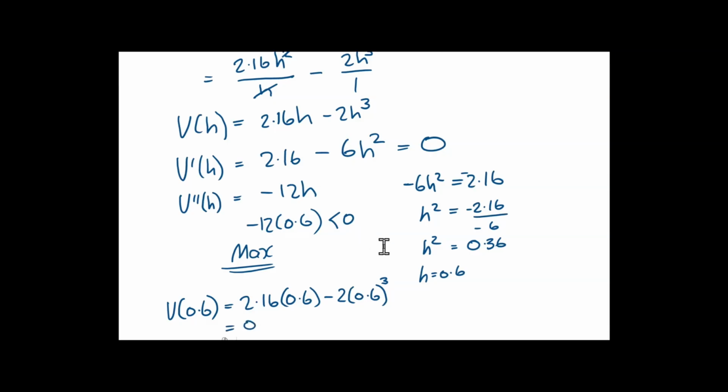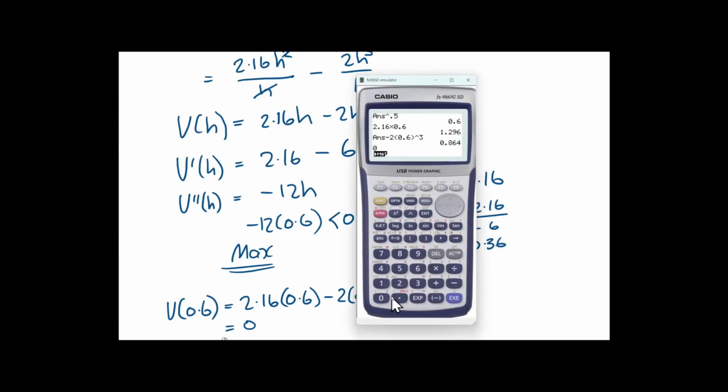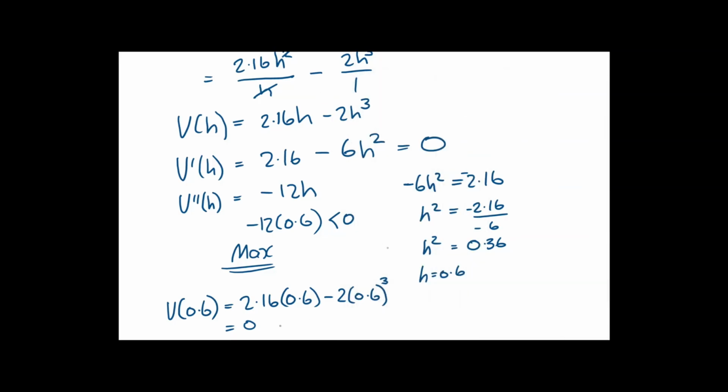So, right, that can't be right here. So 0.6 to the power of 3 is that, times 2 is that, minus 2.16 times 0.6. It's going to be a negative number, but negative in the right way. Okay, yeah, that's right.